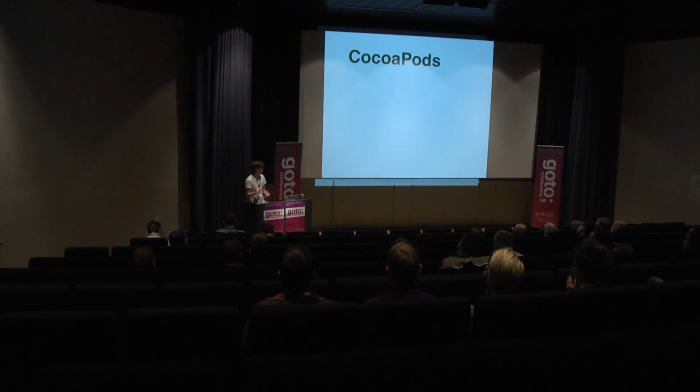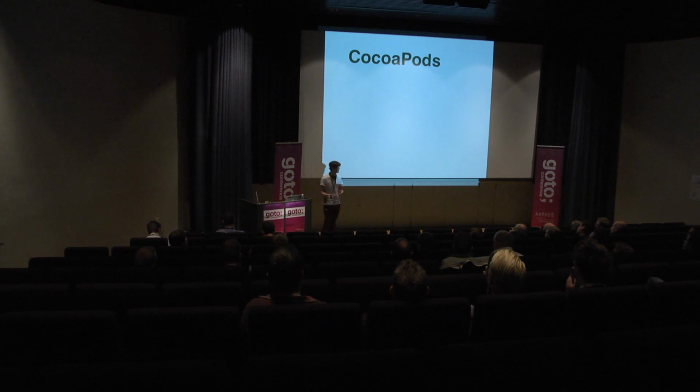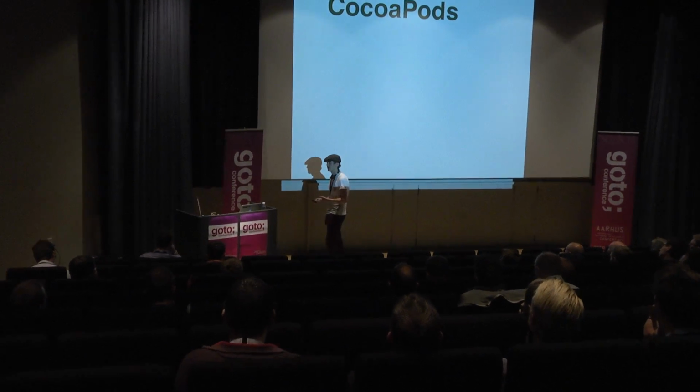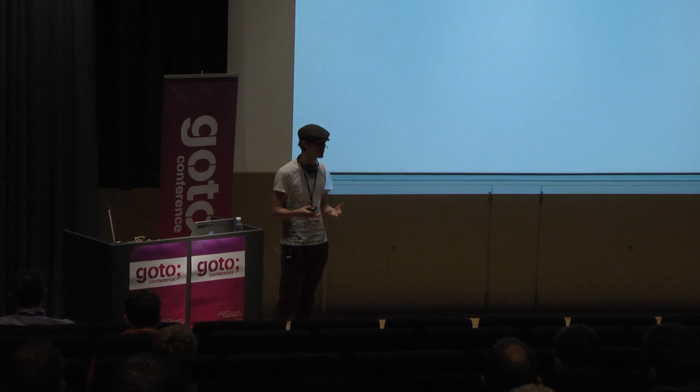So what I want to start with is giving you a bit of an idea about how CocoaPods got started. I was talking to another developer at the big CocoaPods meetup that we do every year at WWDC, and he said that there were essentially 3 stages of developers working with Objective-C.